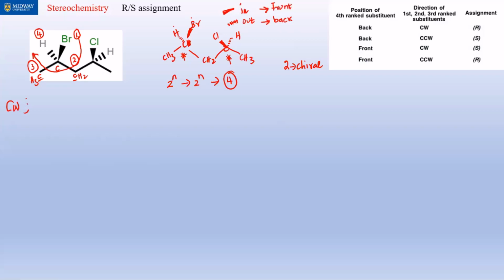And where is the lowest priority? The 4th group is in the back position, right? 4th substituent is in the back position, which is what this means. So clockwise back, what is clockwise back? Is R. So this is R. Okay?